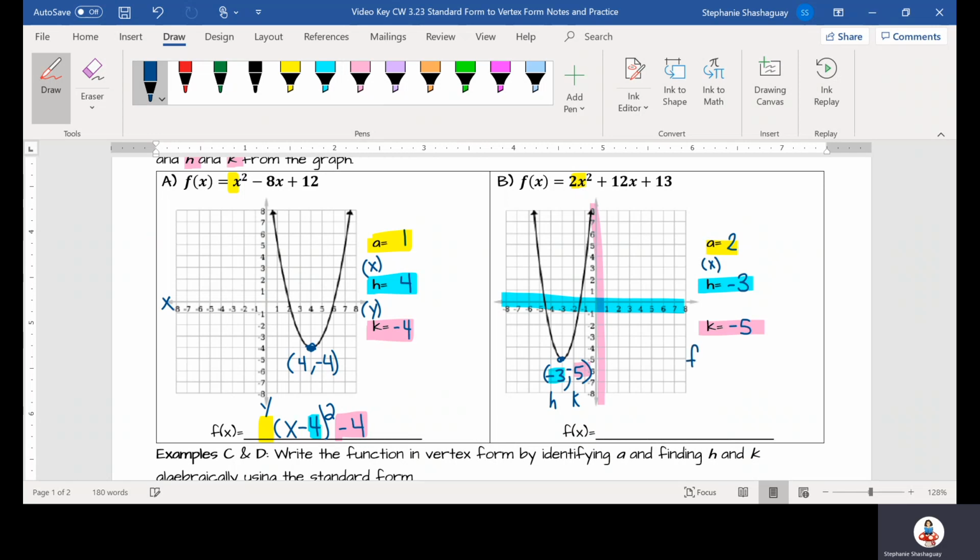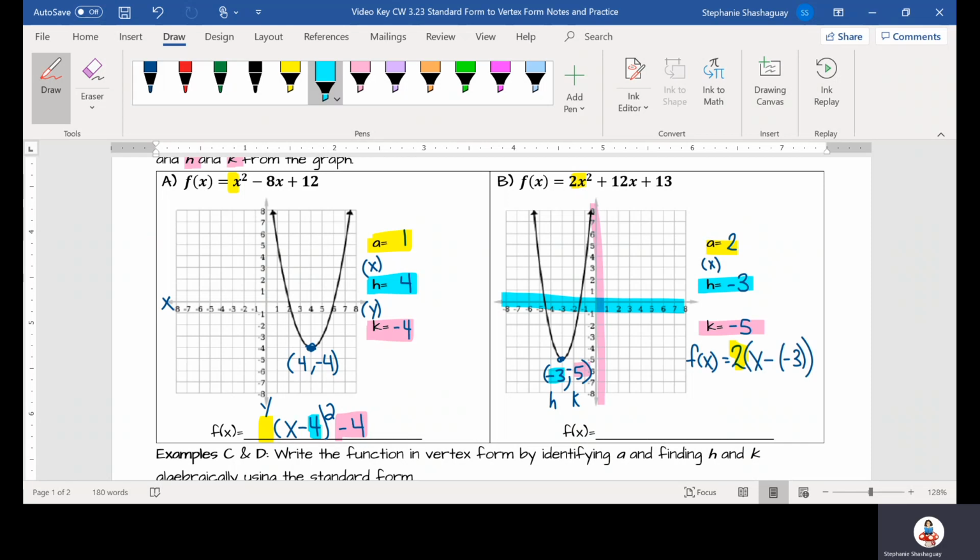However, I'm going to show you a little extra step first. So f of x is going to equal 2, because that's my a term, multiplied by x minus -3.